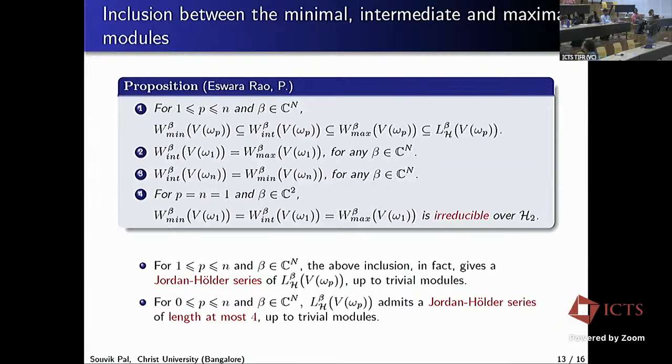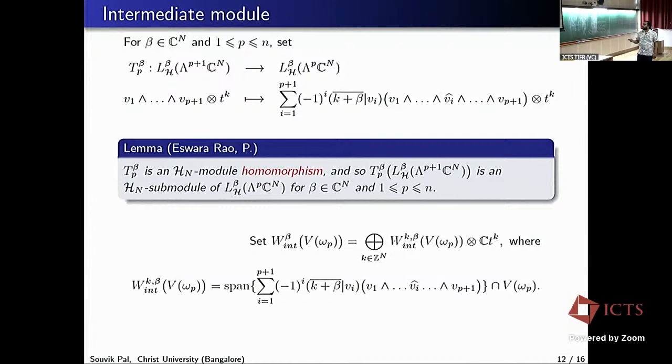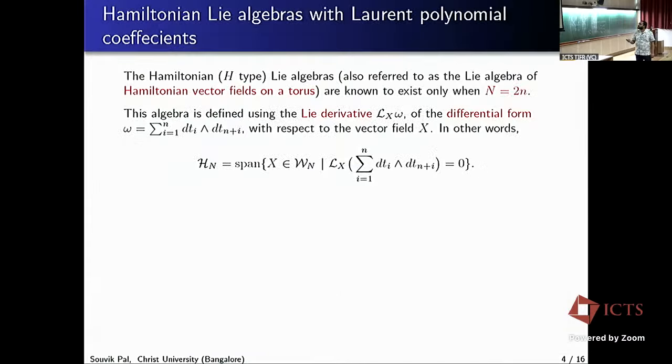If you remove the Cartan, obviously, that is still a Lie algebra, because this Hn is actually a semi-direct sum of those two.